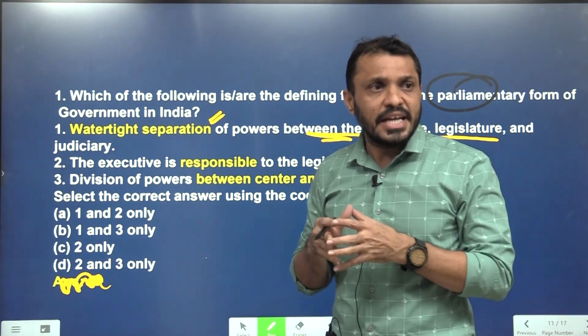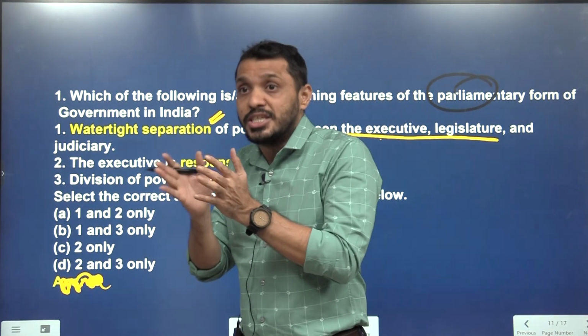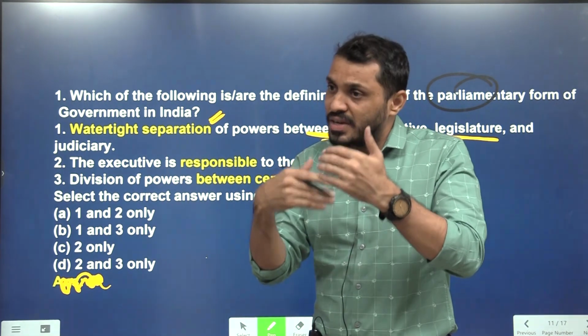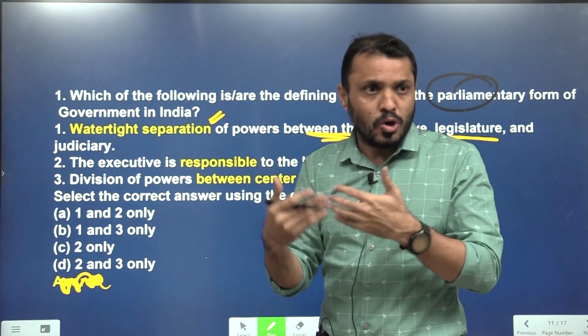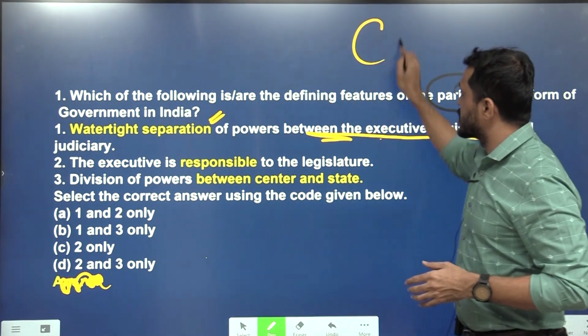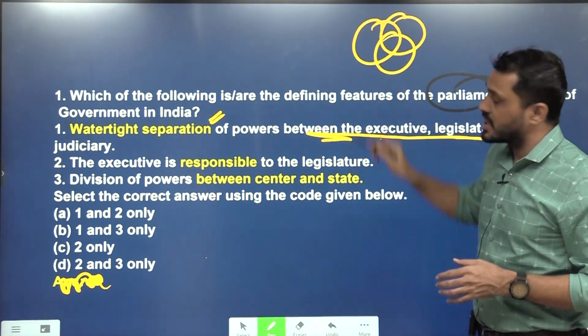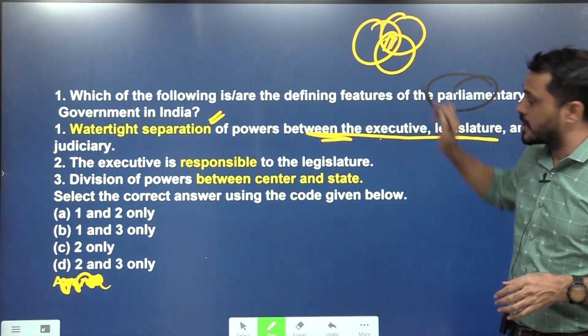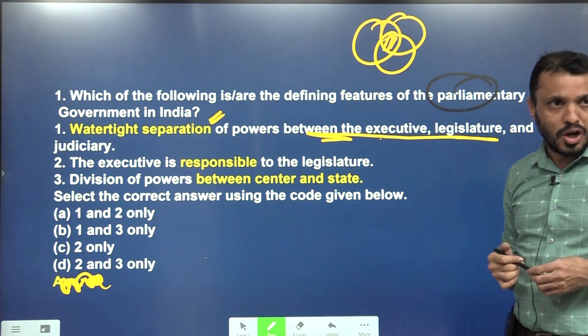That means Indian separation of powers is not rigid. It is like a rainbow, where the colors flow and overlap each other. In the same way, in the Indian Constitution, the legislature, executive and judiciary are not completely separated. At one point of time, they interact with each other. That is the reason the first statement is wrong.